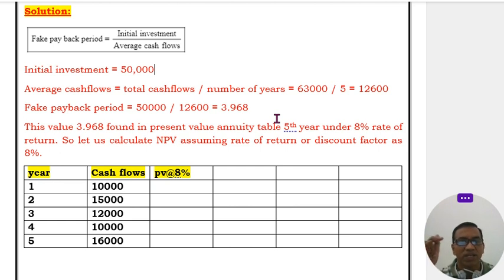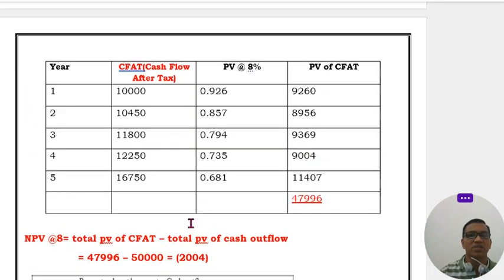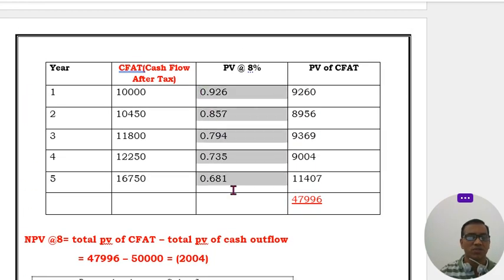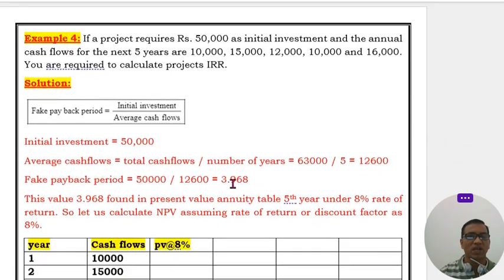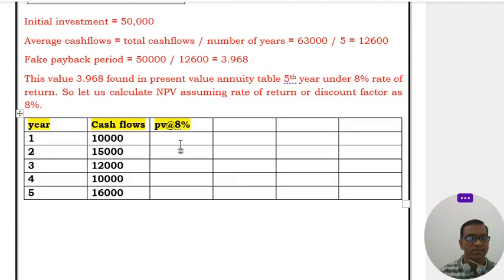I found the nearest value under the 8% column. So let us assume the discount factor as 8% and calculate NPV by taking present values at 8%. I already have the table values before, so I am just copy pasting these values here.